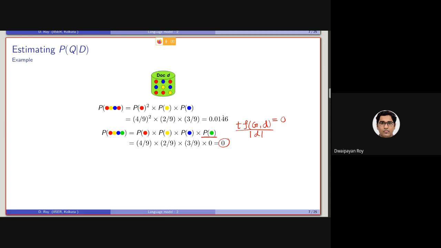As a result, as one term is not occurring in the document, it is being given a 0 score.